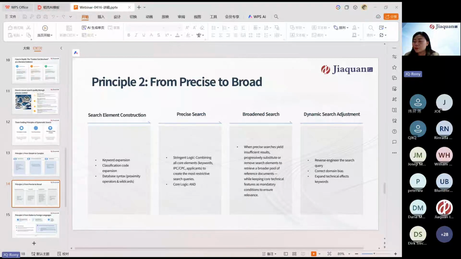When the precise search results are sufficient, we can try to gradually replace or reduce some of our search elements, but guarantee the most important ones remain in our search formula.